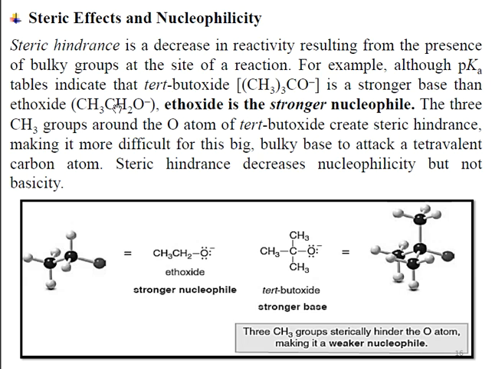If I say stronger base, you directly say it will be the stronger nucleophile, and this is the weaker nucleophile, because this is the strong base and this is the weak base. But in fact, this is false. This is an error. Why? Because here we have the steric effect.